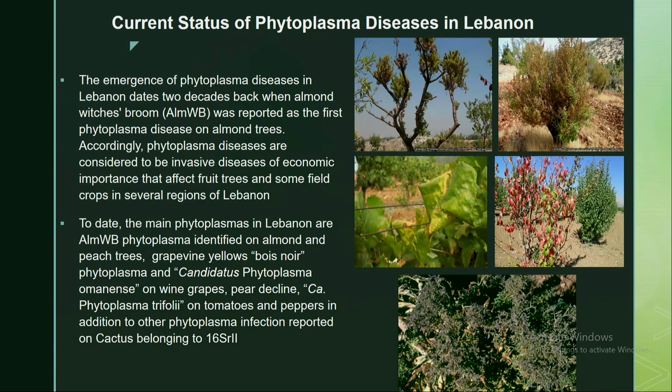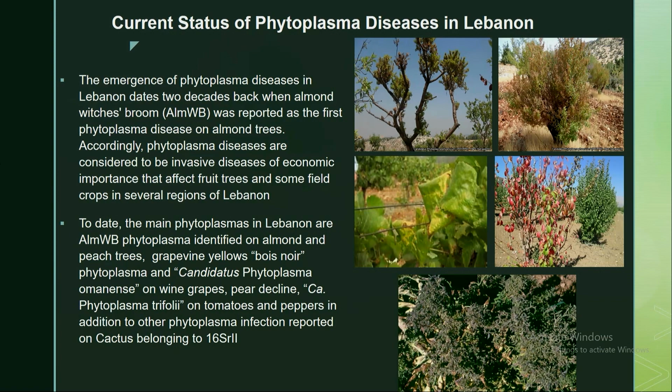The disease in Lebanon dates back two decades, when almond witches' broom was reported as the first phytoplasma disease on almond trees. Accordingly, phytoplasma diseases are considered invasive diseases of economic importance that affect fruit trees and some field crops in several regions of Lebanon.